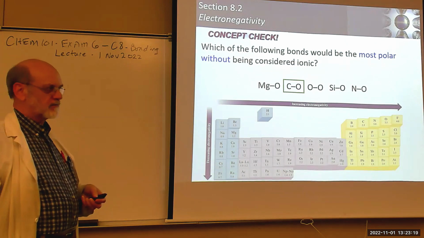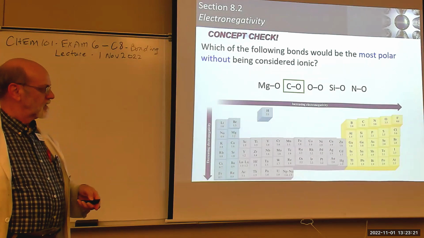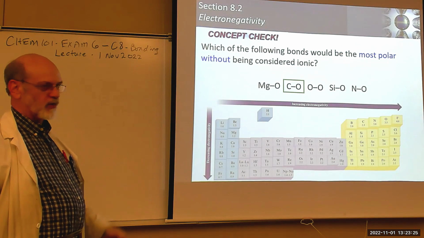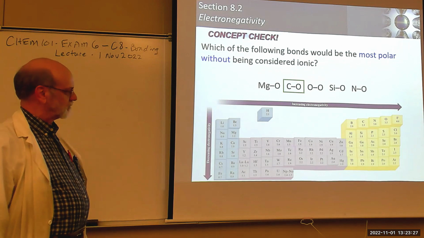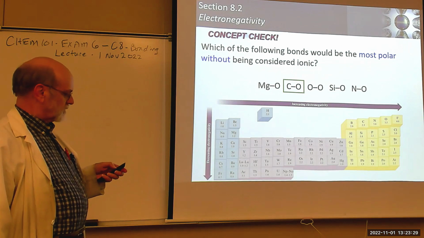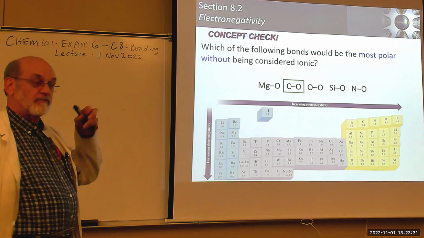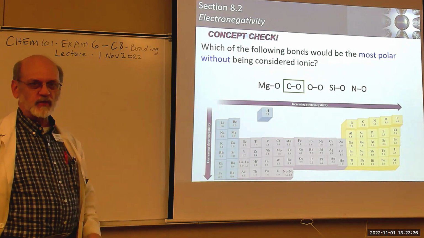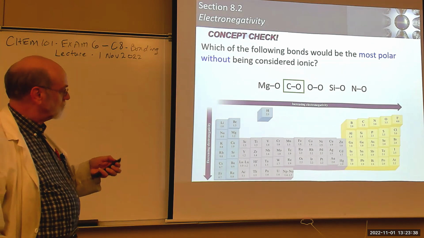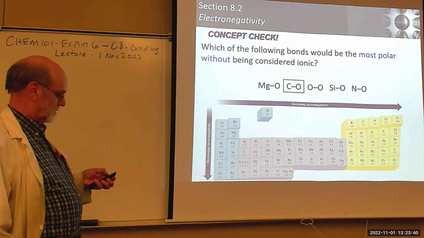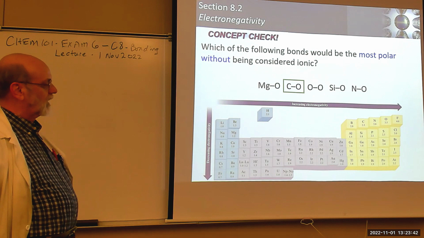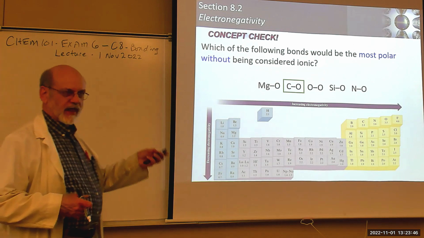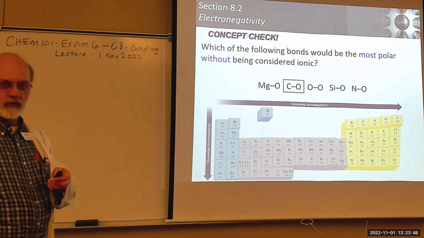You could go to a dinner party and have a night's worth of arguments with other chemists about whether it's polar, non-polar, or ionic. But based upon our definition from the previous slide, carbon and oxygen would be the most polar without being ionic. We set up the parameters, or at least I did on the slide, so I have to live with it.